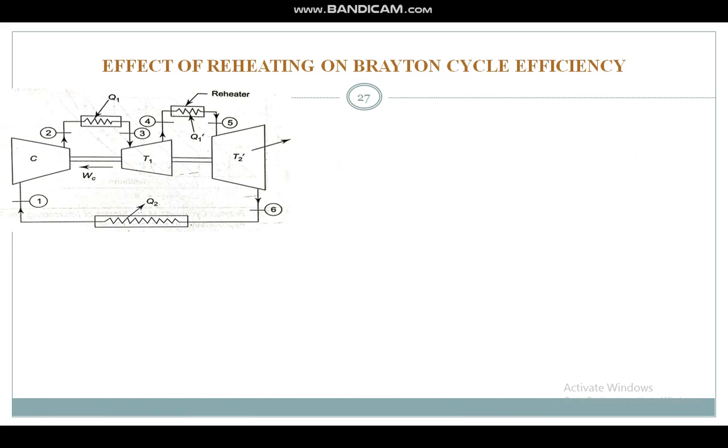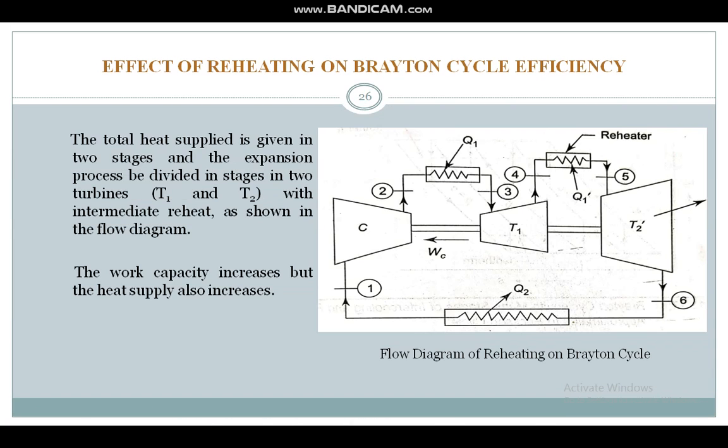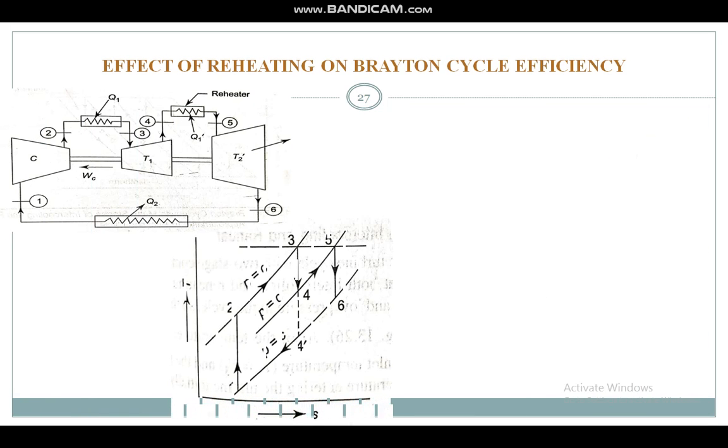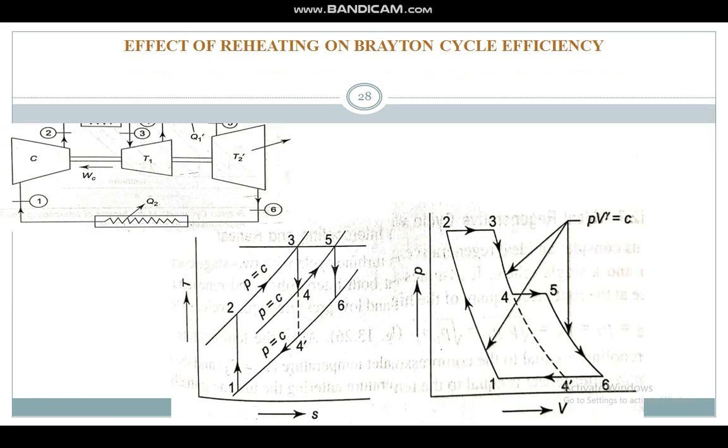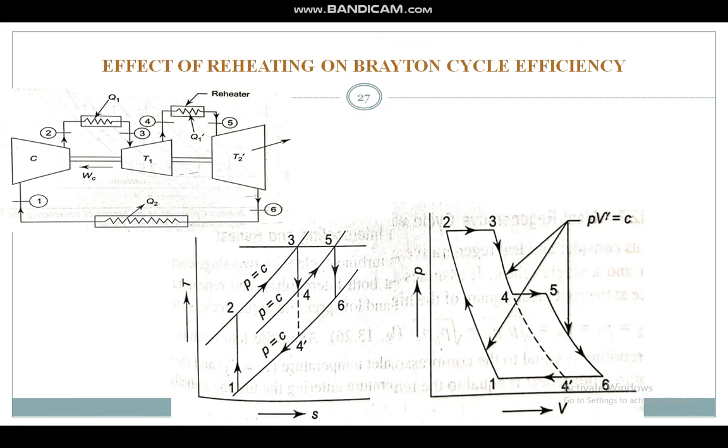Right? The work capacity increases, but as mentioned, heat supply also increases. So let us discuss it briefly. If you look at the figure, 1, 2, 3, 4 dash, this was the basic cycle in the same line and without reheat, and after this is the reheat, 4 to 5 is the reheat given in the reheater, and after reheat this cycle, that is 4, 5, 6, 4 dash, is added to the basic cycle 1, 2, 3, 4 dash.